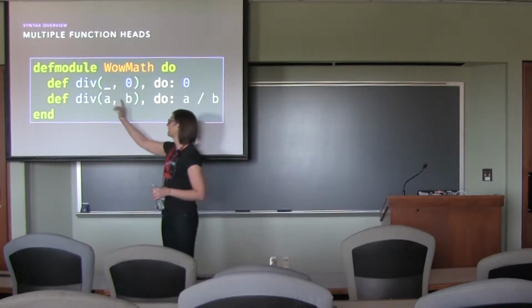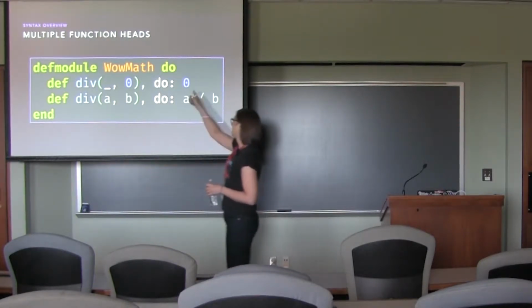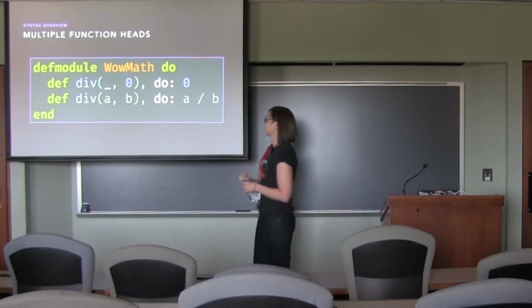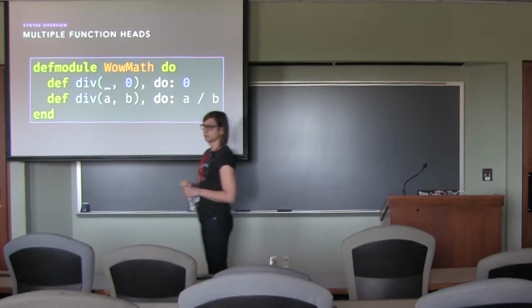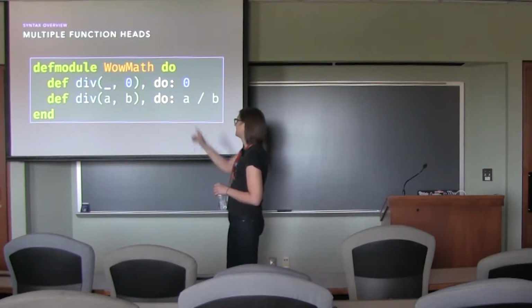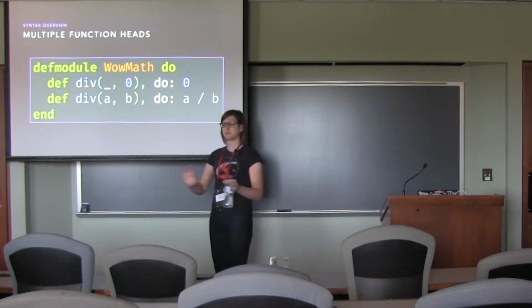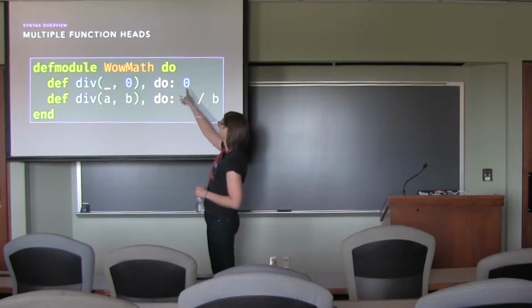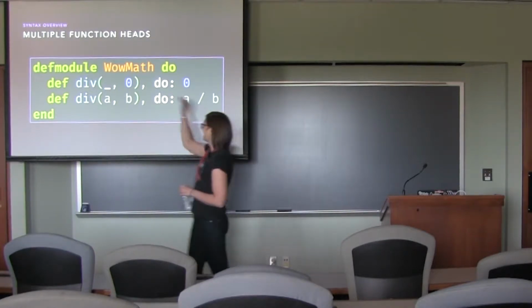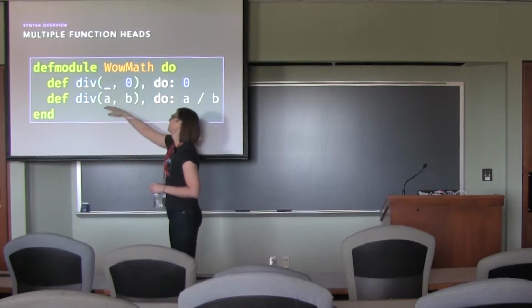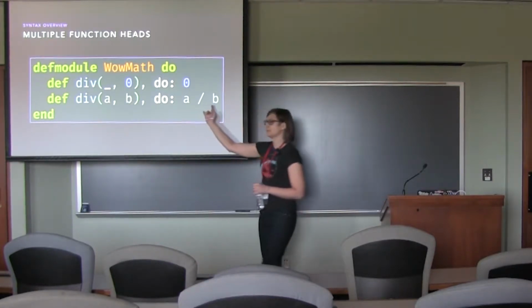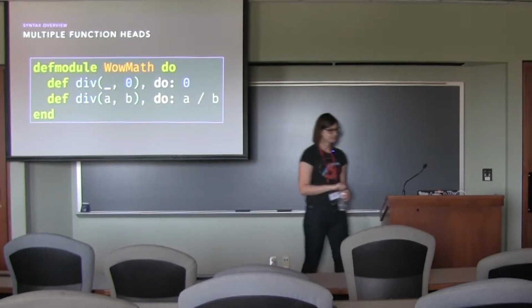And the second one, we actually capture the values. And then we have two do's. So in regular div, we can't divide by 0, and this will give us an error. But we're saying in this case, we're going to be very permissive. Never do this in production, please. We're going to be very permissive and just say 0. If the denominator is not 0, fall through to this second one, and then do this. Okay.